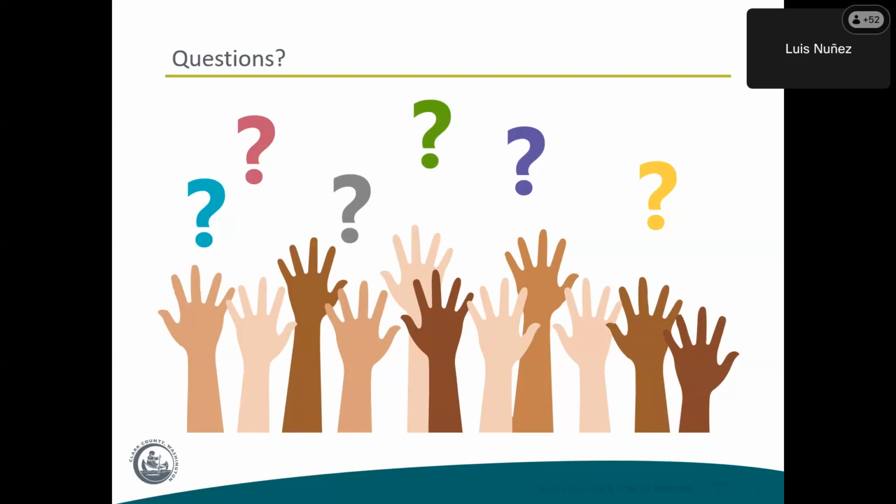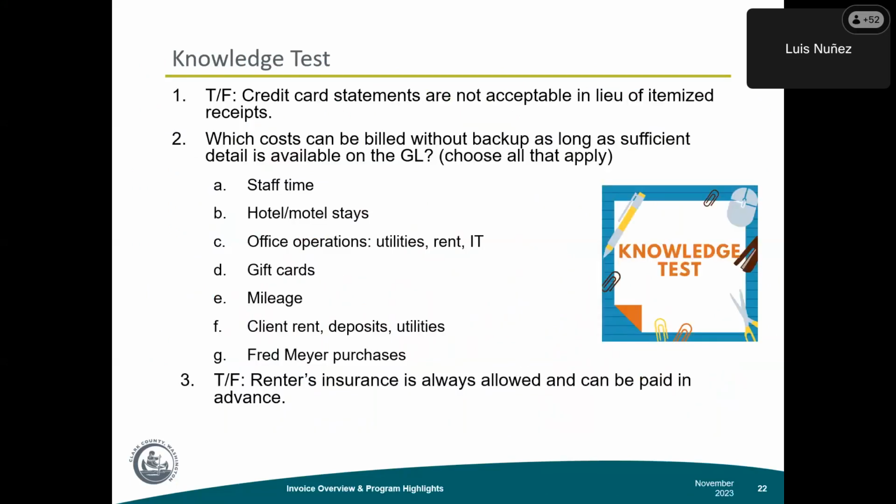All right, moving along to the next knowledge test. The first question, true or false: credit card statements are not acceptable in lieu of itemized receipts. The second question: which costs can be billed without backup as long as sufficient detail is available on the GL? Choose all that apply.